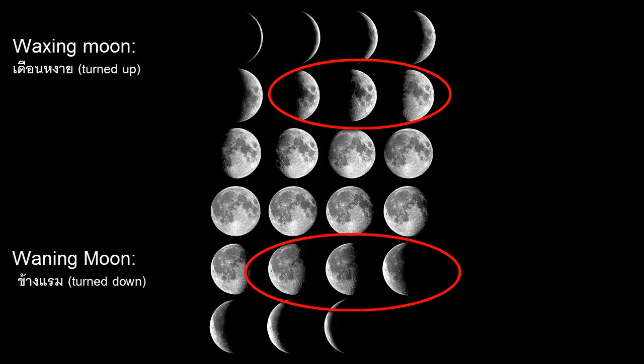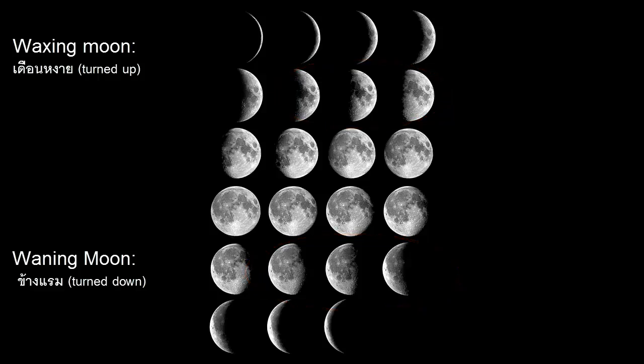It's going the other way, and we can see that the shadow in the waxing phase seems to have an outdent, but the shadow in the waning phase seems to have an indent. So this really suggests to me that we are looking at something that is concave, and the shadows that we see are the shadows created by its edge as it turns one way and then the other.